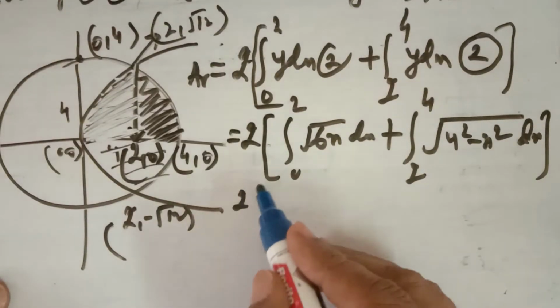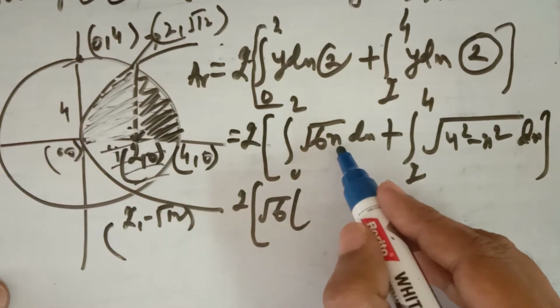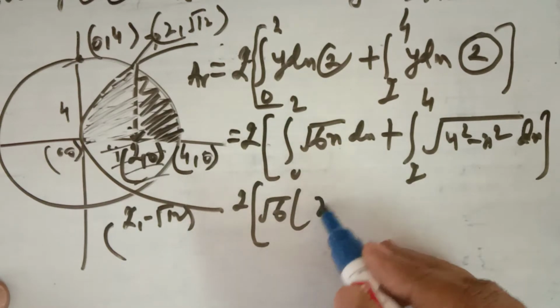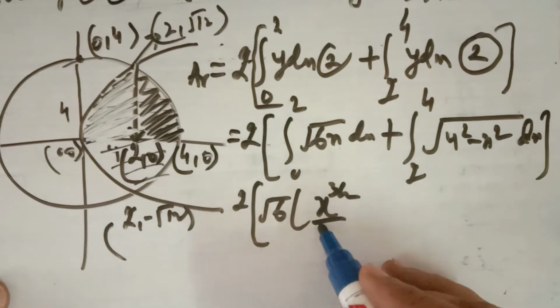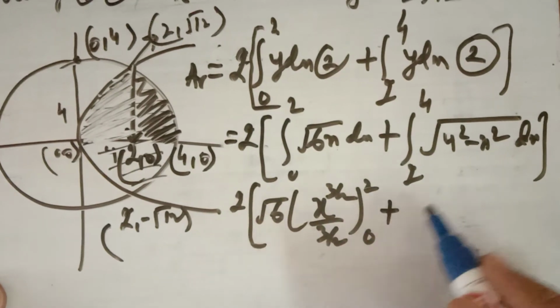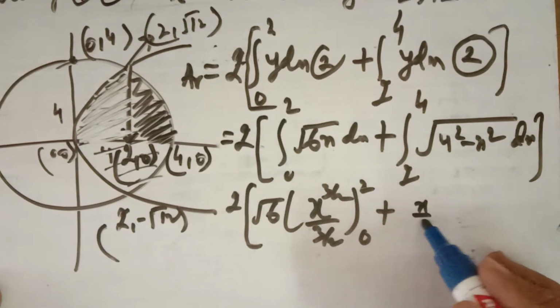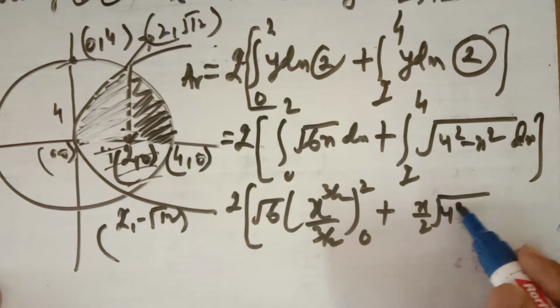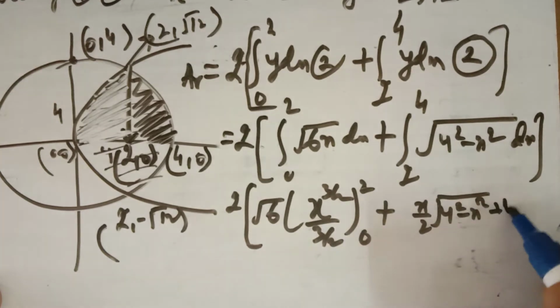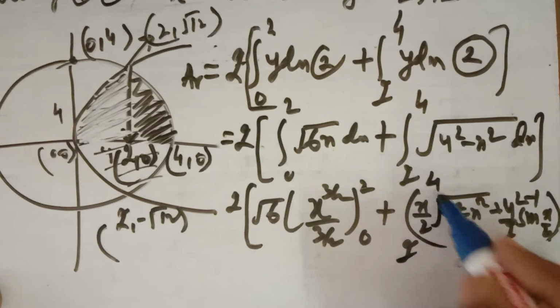Integrated, it will be root 6, and integration of root x is x to the power 3 by 2 upon 3 by 2, with limit from 0 to 2. And this is the special integral of under root a square minus x square. It will be x by 2 under root a square minus x square plus a square upon 2 sine inverse x upon a, and the limit for this is 2 to 4.